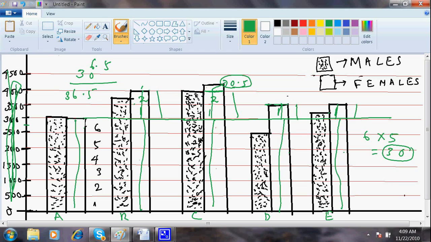Then what I do with this 36.5 is the trick: each bar is 1 centimeter to me, but to the question it is 500. It may be anything. It may be any number of my choice. It may be 22. It may be 1022. It may be any scary number. That way the question may scare you further.